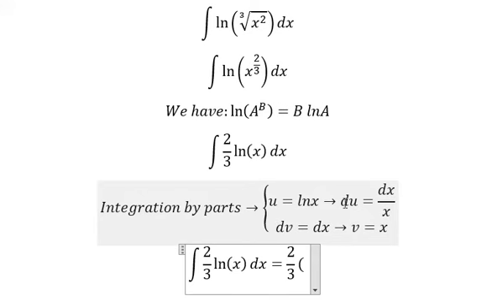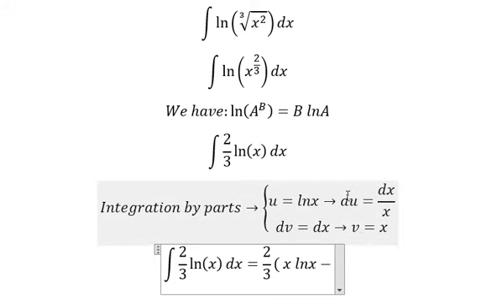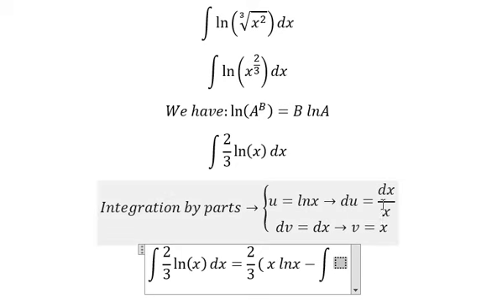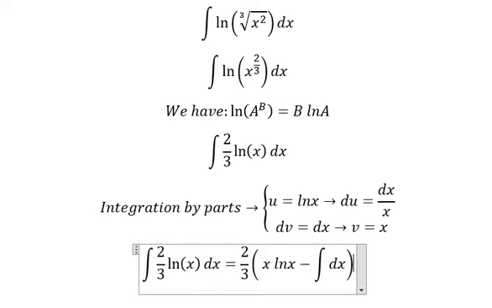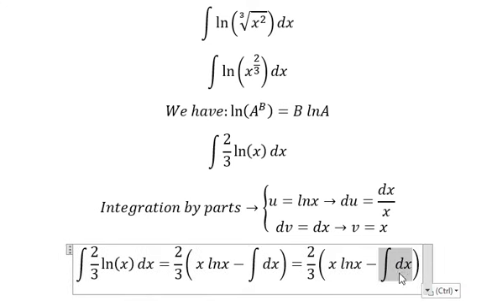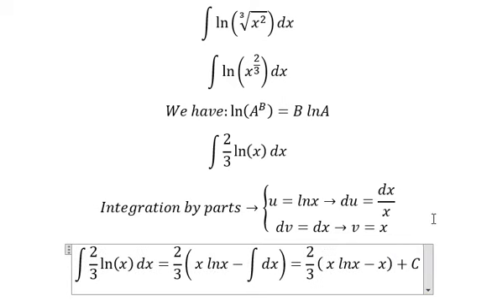We have u multiplied by v, and you get s ln s minus the integration of v du. So that means we have the integration of s divided by s, which we simplify, and you get ds. The integration of ds, you get s, and I will put c in here.